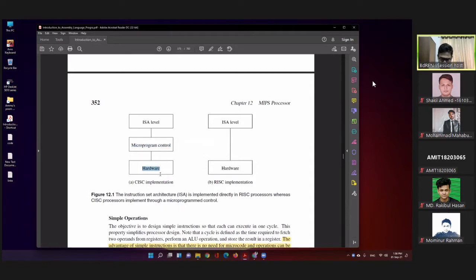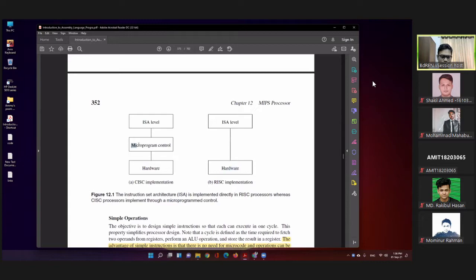I will explain. On the other hand, in the RISC processor, whatever coding you are going to do is so simple that it is directly implemented in the hardware. That is the two differences we have, the CISC and RISC implementation.